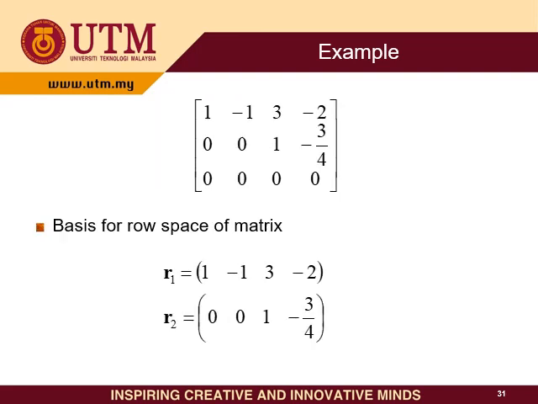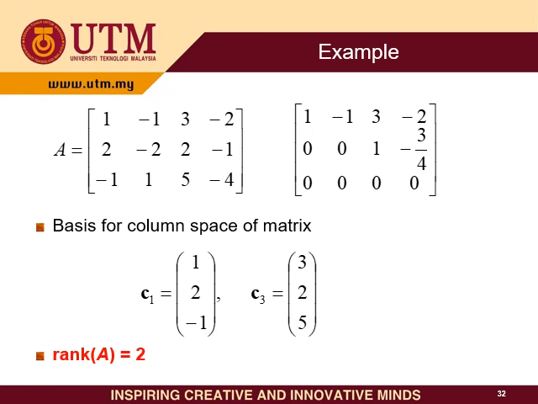As I mentioned, this slide shows the basis for row space of the matrix. So for row space, we just list the non-zero rows here, R1 and R2. It is straightforward based on our previous example.